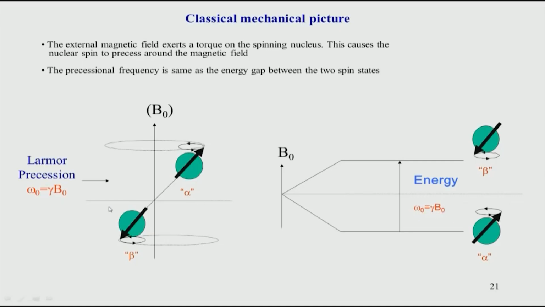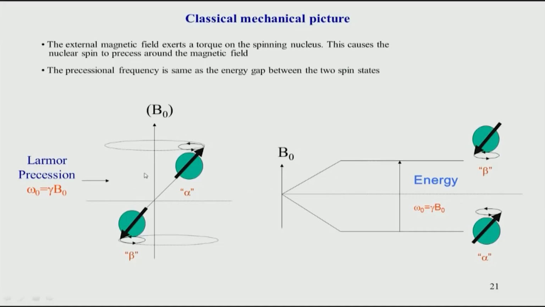So, you see there is an exact match between the two, which is expected because we are looking at the same system from two different perspectives. What is interesting is that whatever we can see from the NMR quantum mechanics point of view can also be understood from a classical point of view.